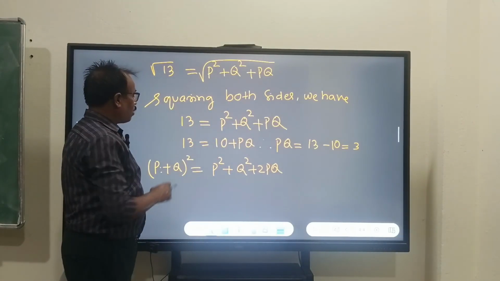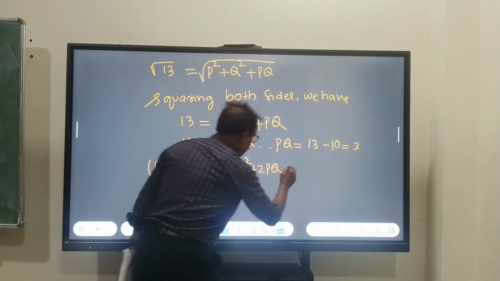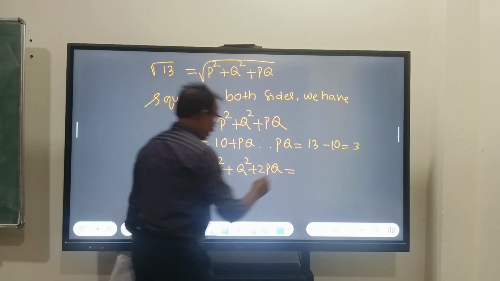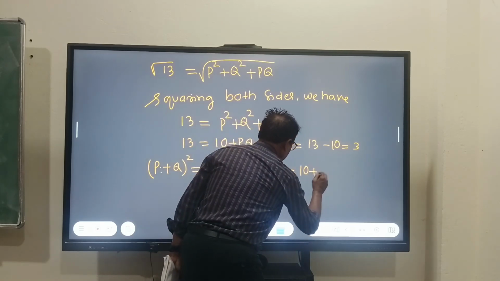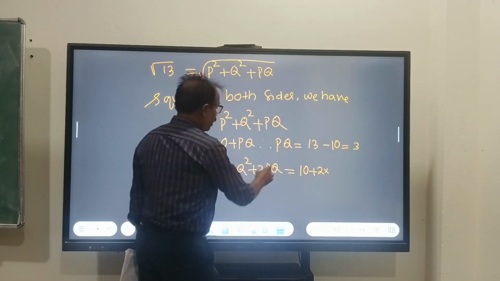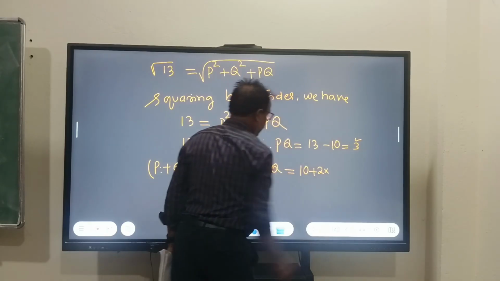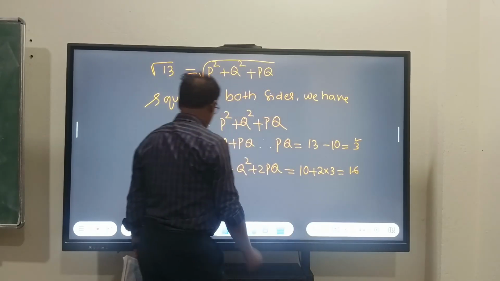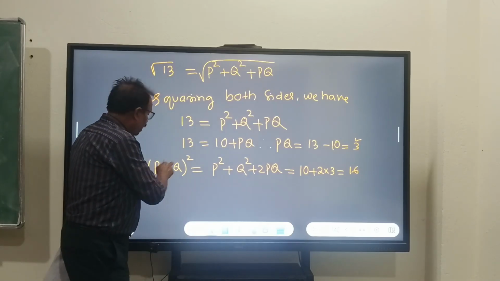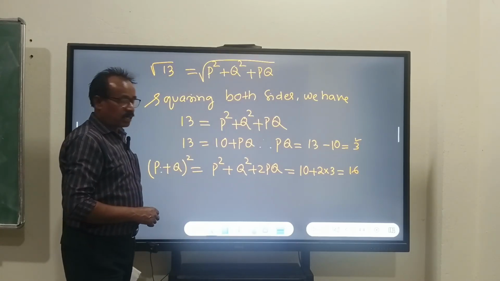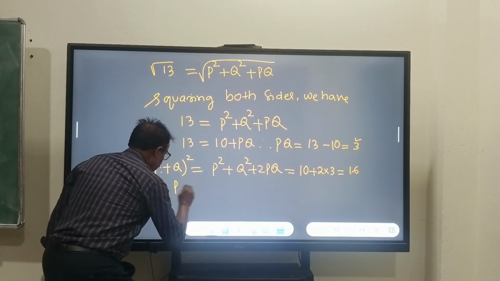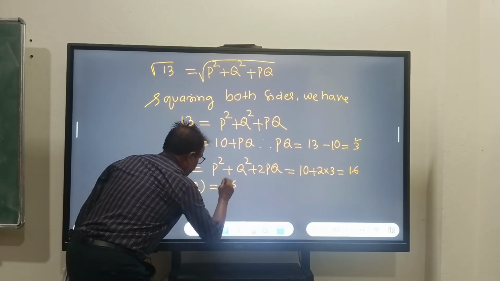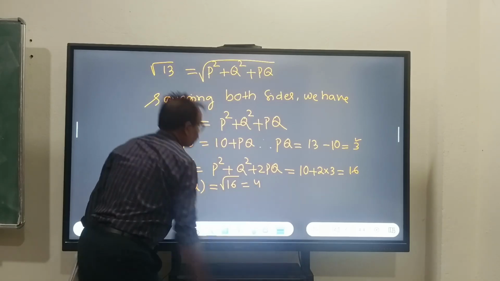Putting in the value, P square plus Q square is equal to 10, so 10 plus 2 into 3 is equal to 16. P plus Q whole square is equal to 16. Therefore, P plus Q is equal to root over 16, which is equal to 4.